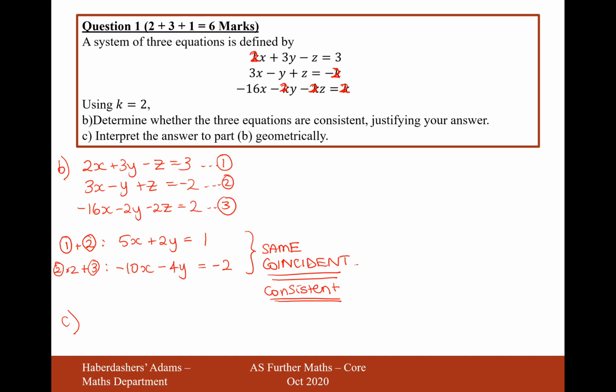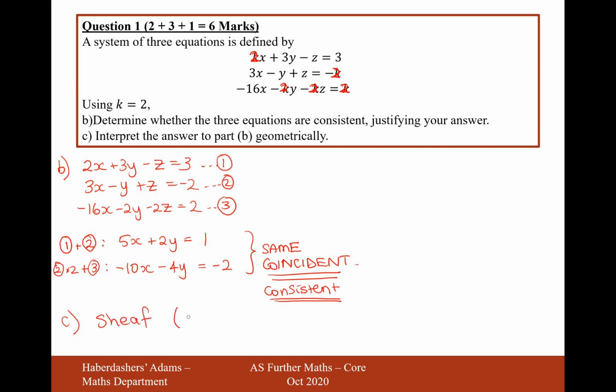Moving on to the answer to part C. Through the working that we've done in part B, I can tell that the 3 planes are consistent. I can tell that the 3 planes are not going to be parallel and not going to be identical to each other, and they're not going to have an inverse, so therefore this forms a sheaf.